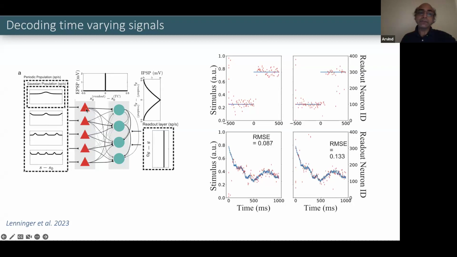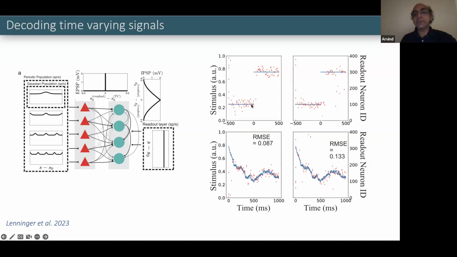The decoding is done as follows: we have these inputs coming in, neurons are activated, and then there is this inhibitory circuit, which does the winner-take-all kind of computation so that we get a sparse representation. From there, we read out which neurons are activated, and based on that, we get some notion of an error.